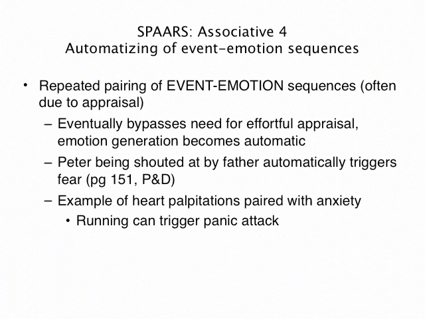And still, you find yourself for some time with difficulty letting go of some of those old reflexes, maybe avoiding your father, or flinching when your father comes by, or whatever it is. So this would be an example of a repeated event emotion sequence, whether it be fear or anger in this particular case, but actually could be any emotion. So there's a repeated pairing of the event and the emotion, and after time it becomes automatized.